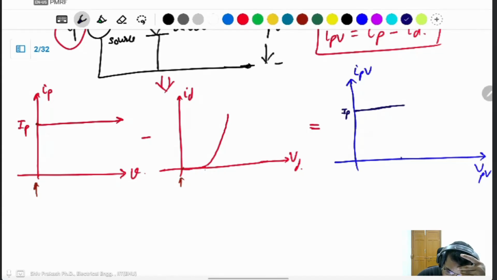After that the diode current will be increasing, which means subtracting from the photon current, the output will be decreasing. This is decreasing, and at this peak it will be 0. I think this will be like that.